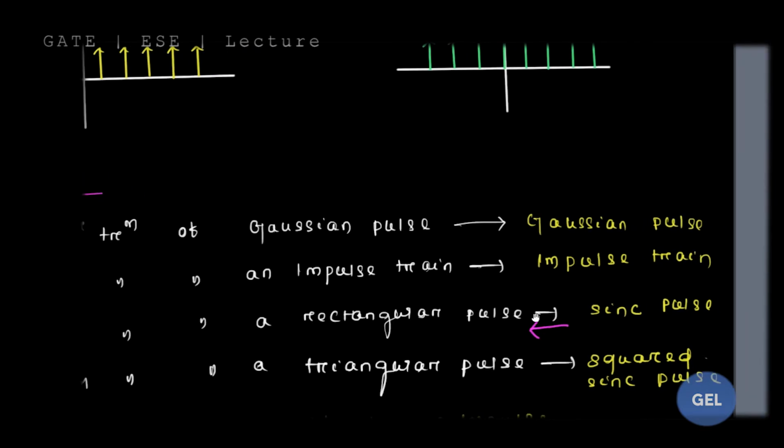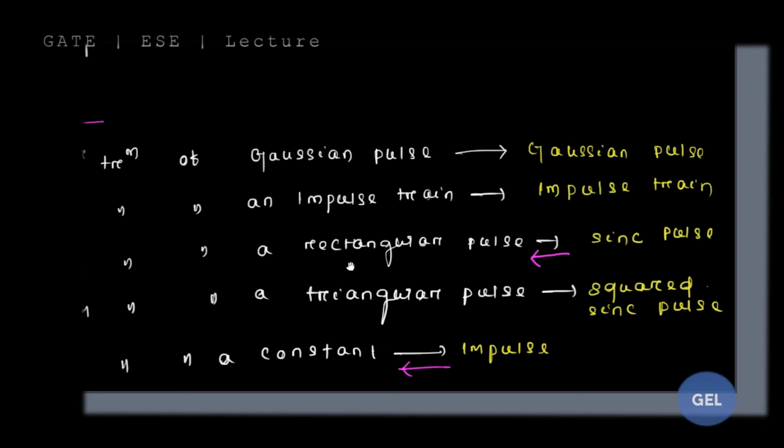Fourier transform of a rectangular pulse is a Sinc pulse. If you have a rectangular pulse, then the Fourier transform is a Sinc function, and vice versa. Vice versa means if you take a Sinc function, the Fourier transform of this Sinc function will be nothing but a square or rectangular pulse. Okay, if you take a triangular pulse, the Fourier transform will be a squared Sinc pulse.